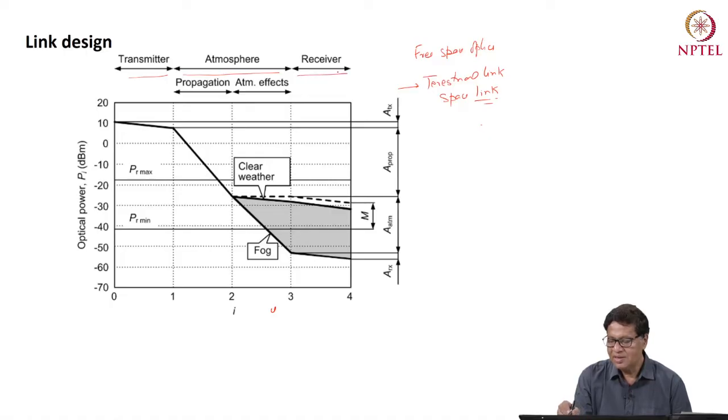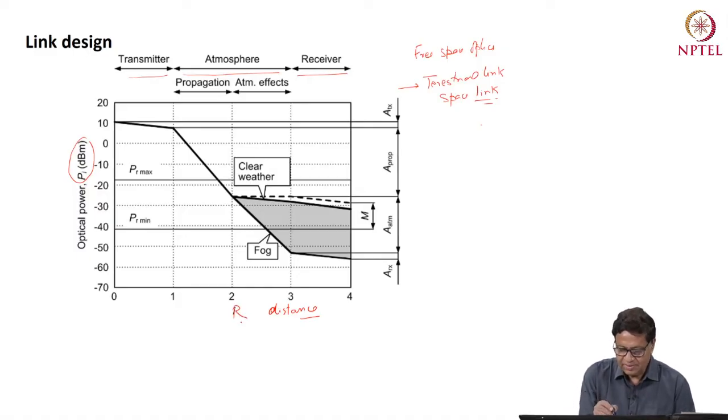And then there is a receiver part which also has some amount of loss. So in this graph, in this slide, on the y-axis is optical transmit power in dBm, and on the x-axis is the actual distance. You can say this is r.